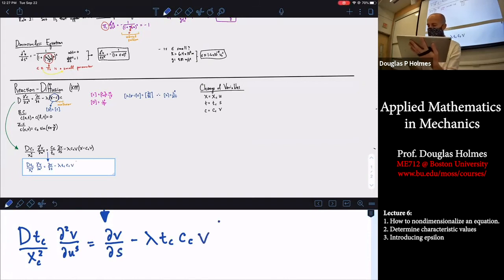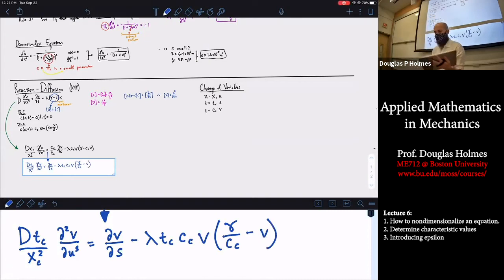Times V gamma over Cc minus V. So this should hopefully look to you, this is dimensionless. Clearly dimensionless, clearly dimensionless. This one's a little less obvious.